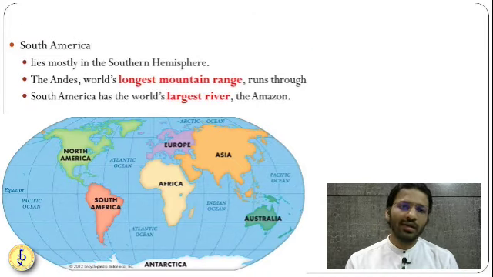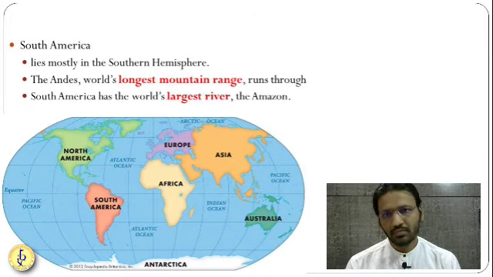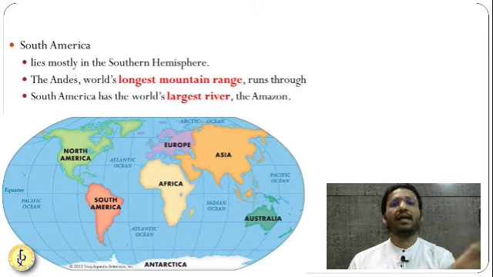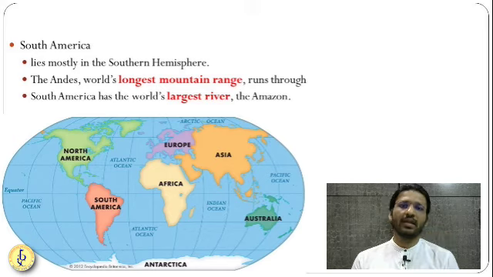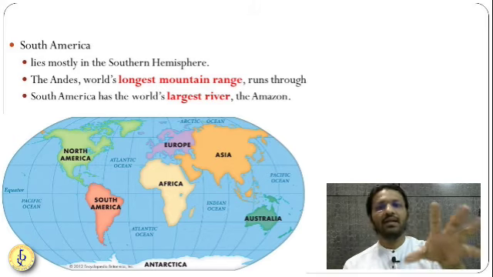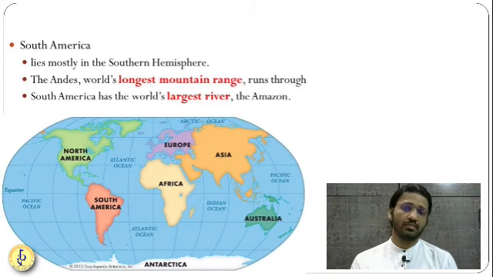The next important continent is South America. South America has the longest mountain chain of the world, the Andes. You can see on the western side of South America the longest mountain range running. We call it the Andes mountains. And which is the largest river?